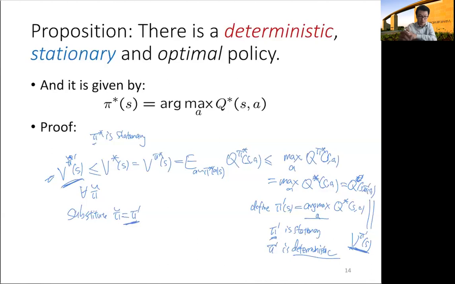Okay, so I hope this argument is clear. This shows that there exists a deterministic stationary optimal policy that is given by simply working with the Q star function, and the argmax of the Q star function gives us the optimal policy, at least one of the many optimal policies.